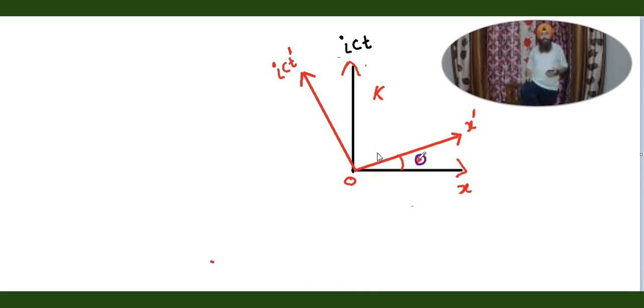But we just proved that x square minus c square t square is invariant under transformation. So whether we have the black frame or the red frame, which is turned at some angle, our basic term x square minus c square t square will be the same in the two frames. There is no dependence. It will not vary by turning one frame with respect to the other.